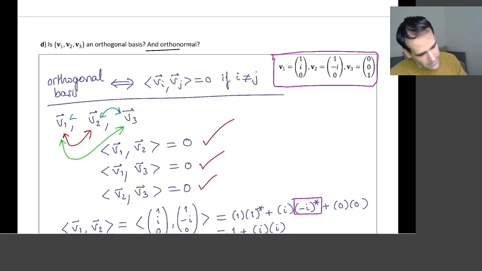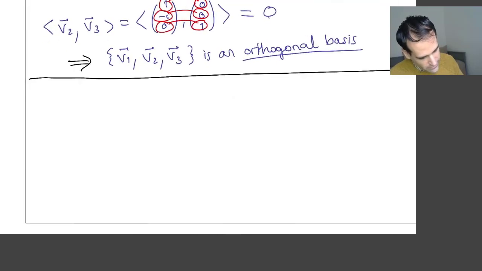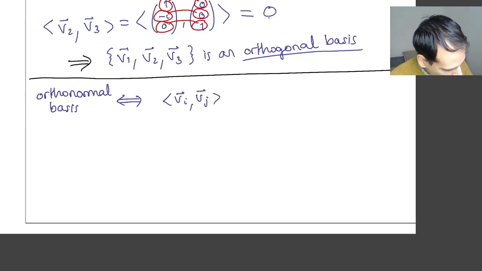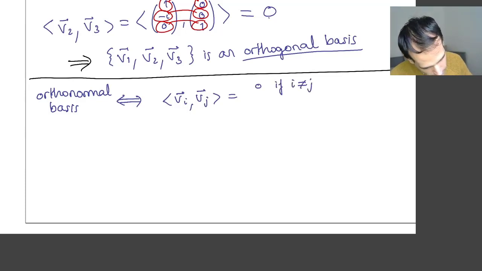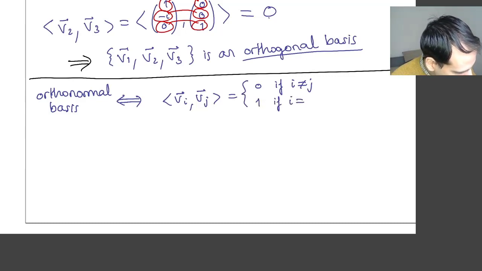The question also asks, is it an orthonormal basis? So let's remember what orthonormal means. An orthonormal basis if and only if the inner product between any 2 vectors is equal to 0 if i is different to j, and equal to 1 if i is equal to j.